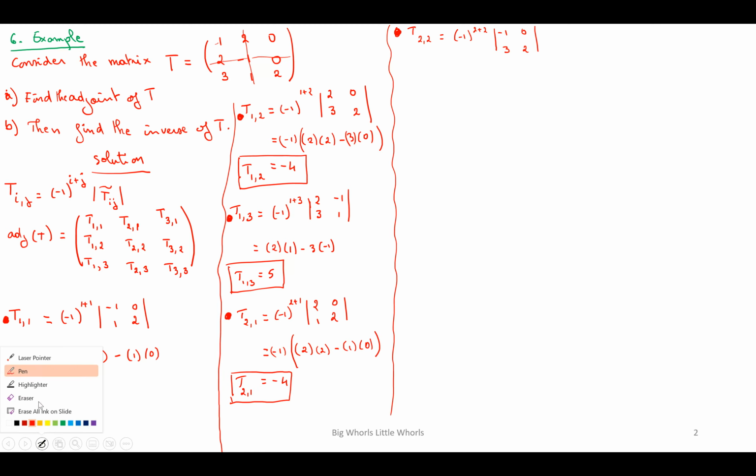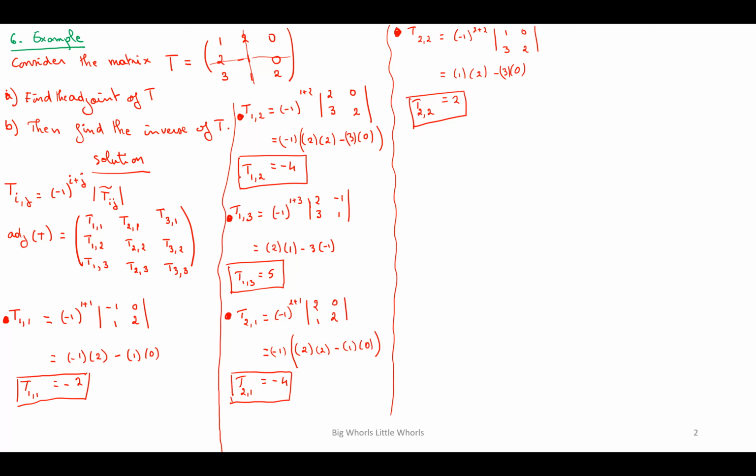Let's just be very careful here. Okay, so we have 1, 3, 0, 2. So here minus 1 to the power of 4 is going to be 1. So here you have 1 multiplied by 2 minus 3 multiplied by 0, which is equal to 2. So T22 is equal to 2.